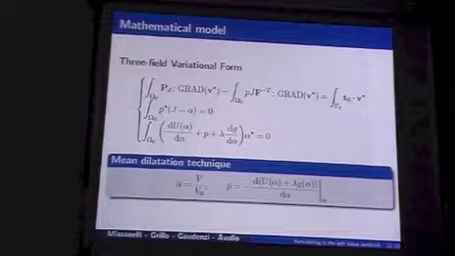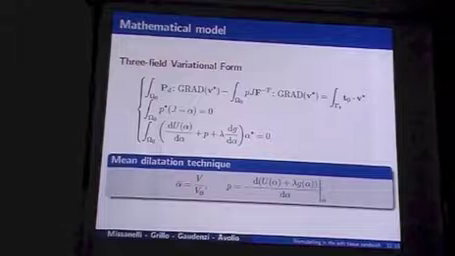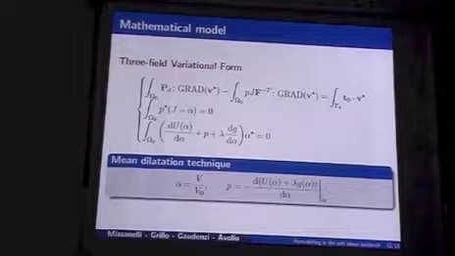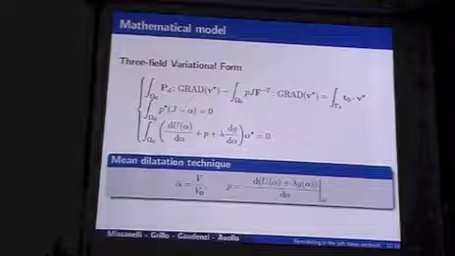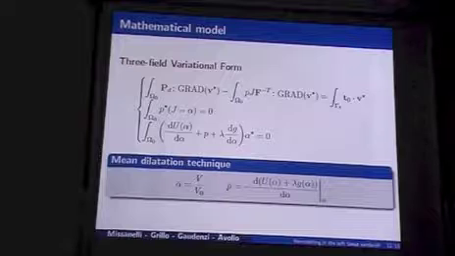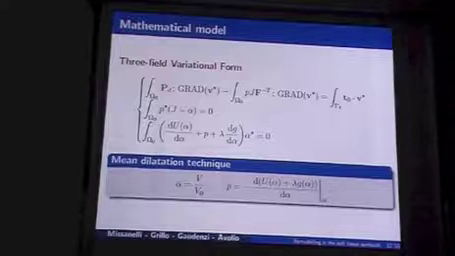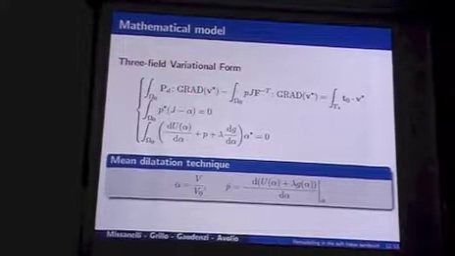In this way, we study a three-field variational form. The three fields are displacement, volumetric parameter, you can say, and hydrostatic pressure. So we have the classical power variation.